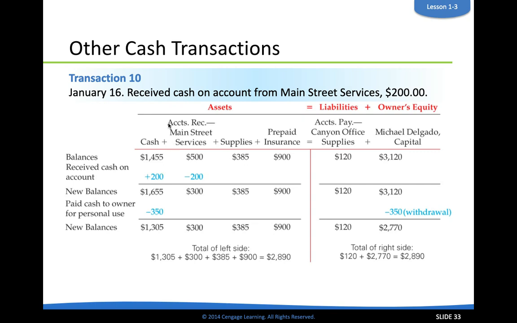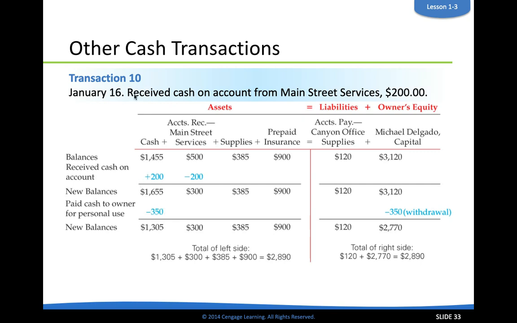Actually, no, this is different. Now we're actually going to work, so I'll take that back. Now we're going to talk about receiving cash on account from Main Street Services. The withdrawal is down here, actually, but we have another transaction kind of first. So we'll get to the one I was just talking about.